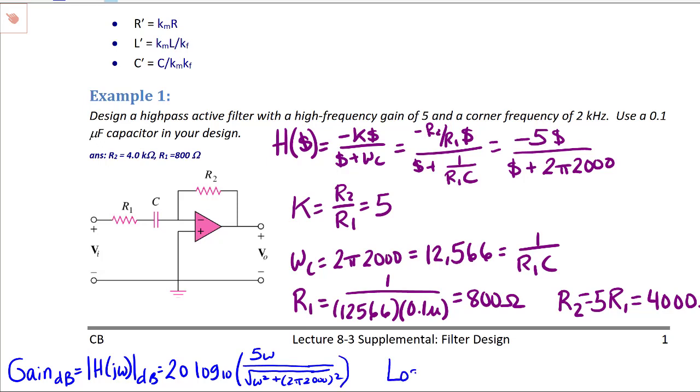The loss in decibels is equal to 10 log base 10 of omega squared plus the quantity 2 pi 2000 squared over 25 omega squared.